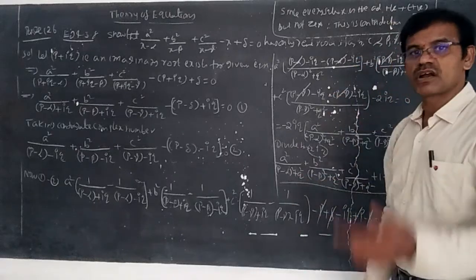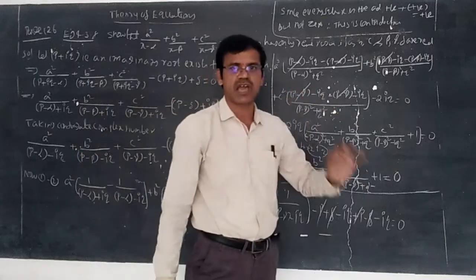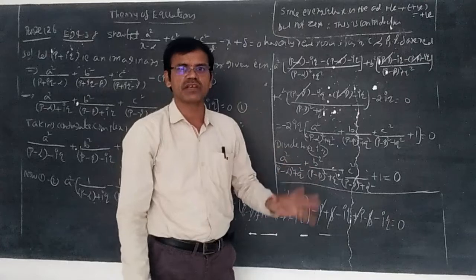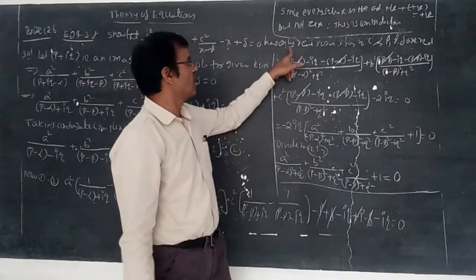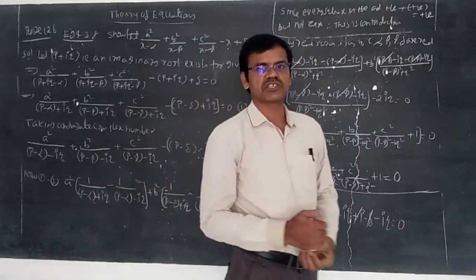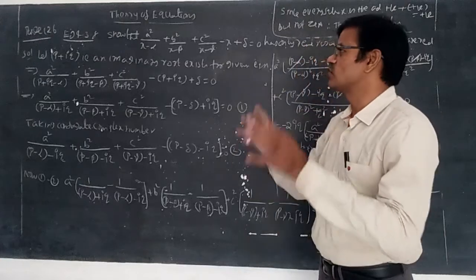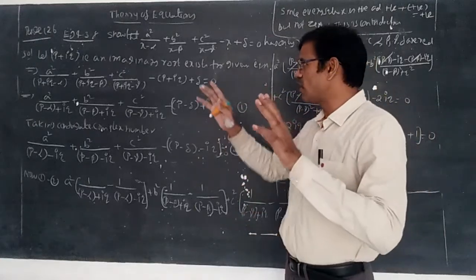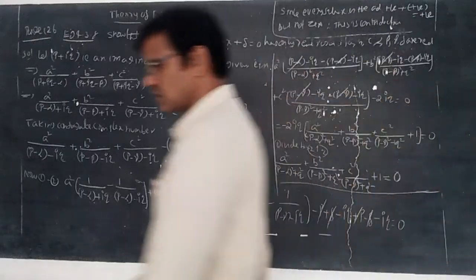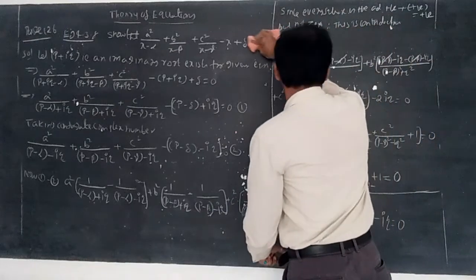What is the contradiction? Whatever roots we thought, let the root be p plus iq, an imaginary root; we assumed that this imaginary root exists for this expression. Now we got this contradiction. Why did we get the contradiction? Because we took the contradicting statement. So there is no question of imaginary roots; all the roots are real only. Whenever this is a contradiction, there is no imaginary root.